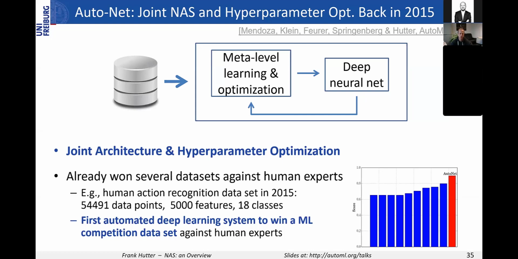And they could have done this manually, but didn't. We ran Auto-Net on, I think, 8 GPUs back then for 1 day, and it already did better. So it's an existence proof that automated tools can really help to improve performance also over deep learning experts.